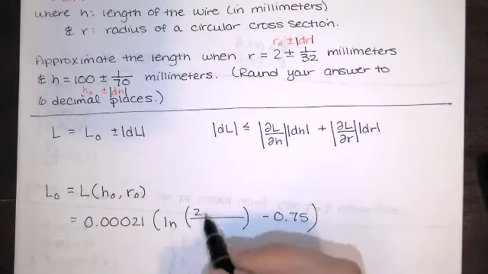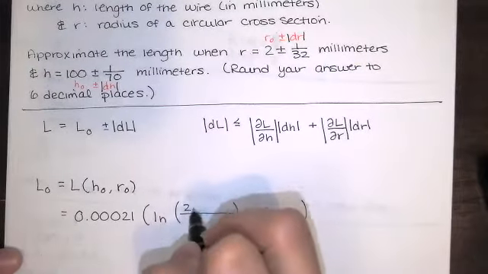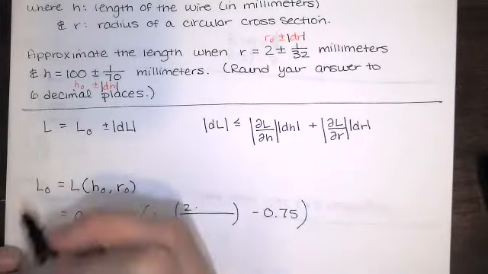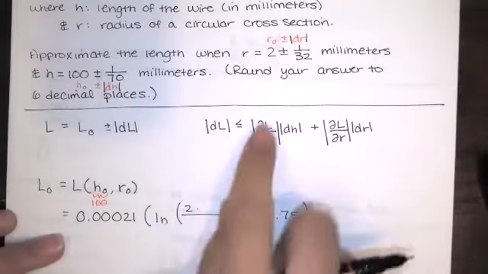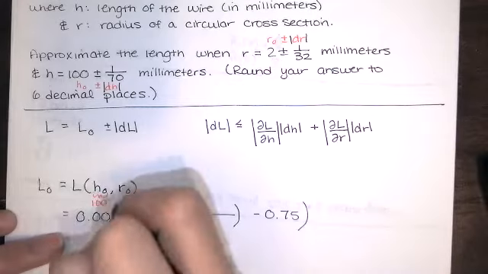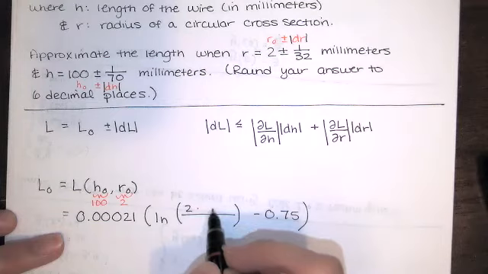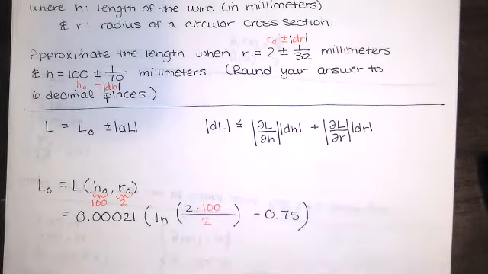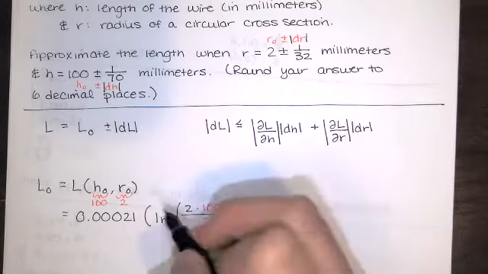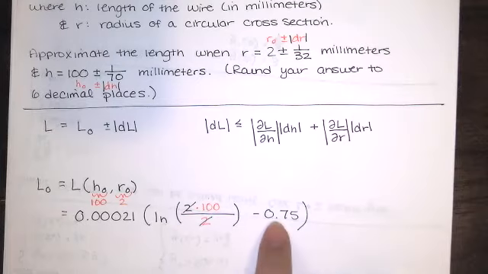And we have 2h over r in the parentheses there. h naught was given to us, that was 100, the measured value of h. And r naught was 2, the measured value of r. This is 2 times h, which is 100, over r, which is 2. Obviously the 2's reduce. And so we've got natural log of 100 minus 0.75 times that.